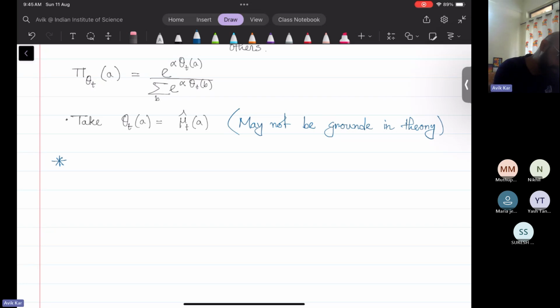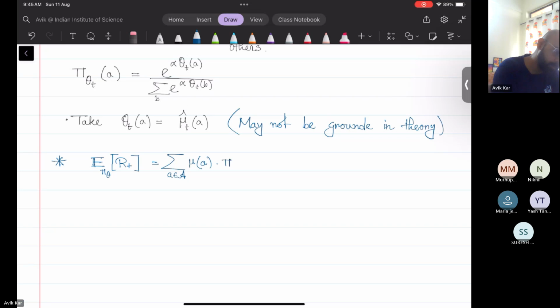We want to increase the expectation of r t, the expectation with respect to pi theta, for some theta, which is the sum over a of mu a times pi theta a.